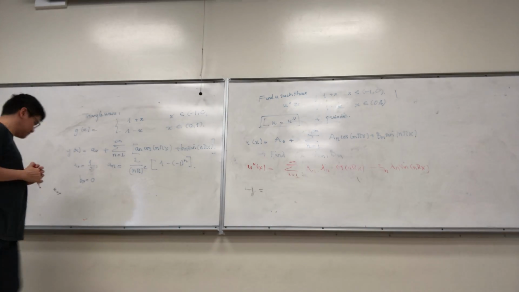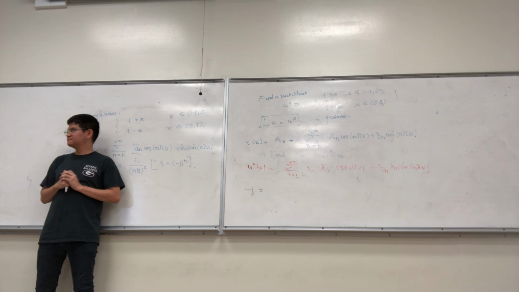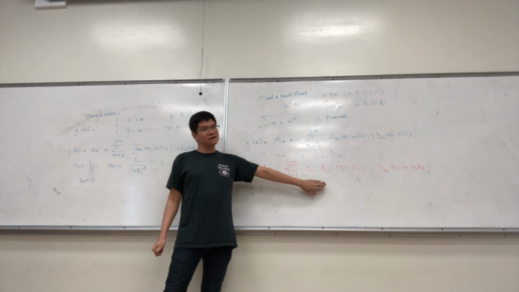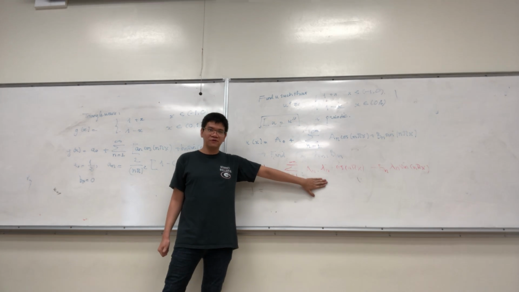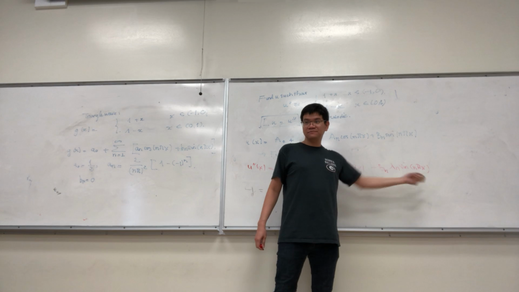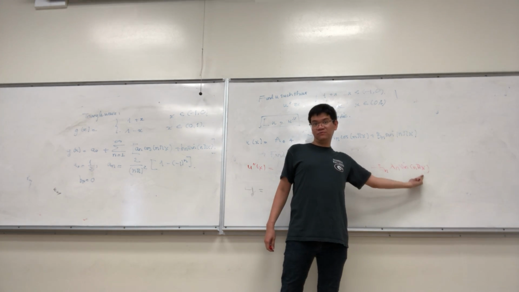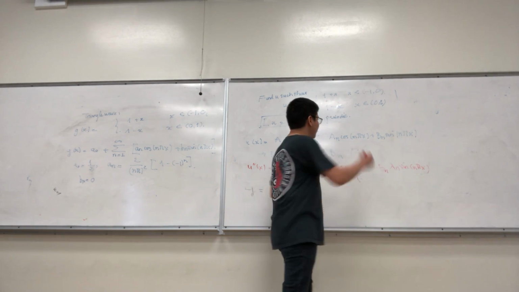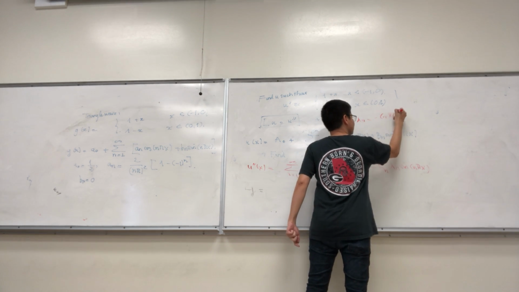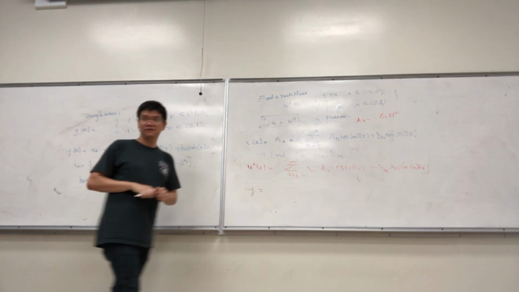So you don't have to do the second derivative. You know that the second derivative will be all of the coefficients times the eigenvalue. So in this case, lambda_n will be minus (n pi) squared.